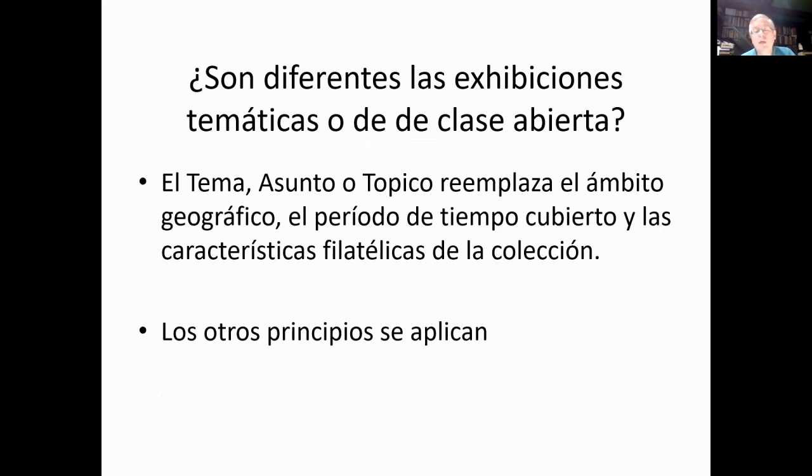Obviously, taking it on a simple basis, in a theme or subject or topical based exhibit, the topic replaces the geographical scope and the time period. But again, the basic principles of clarity and clear definition are required. Next.